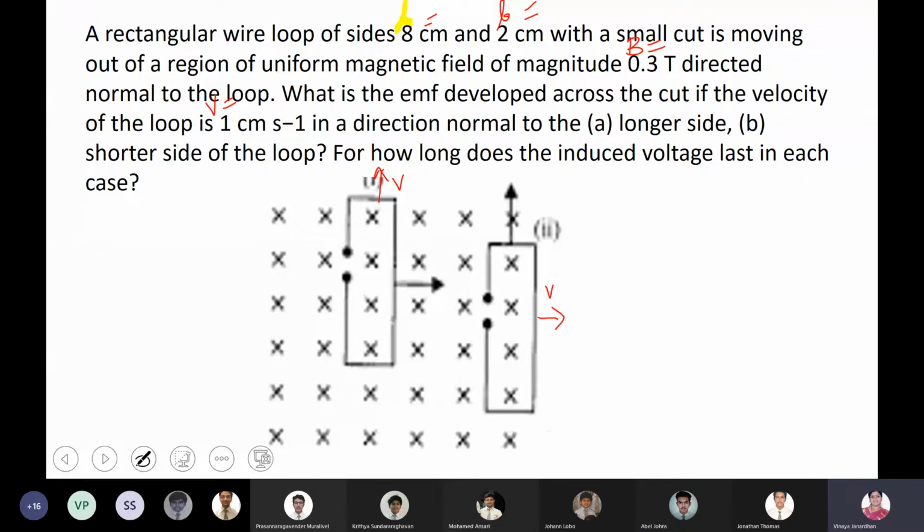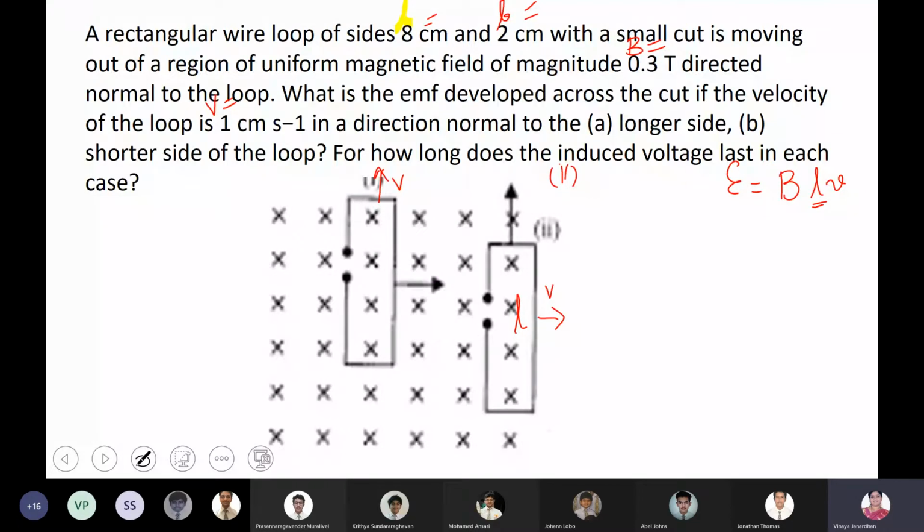Now let me go for the second case first. The EMF induced, E, is equal to the motional EMF, boys, B l V. Now, which length should we take, the length or the breadth? That is a doubt over here. Always take the dimension where your velocity vector is perpendicular. Here, your V vector is perpendicular to the length of the loop.